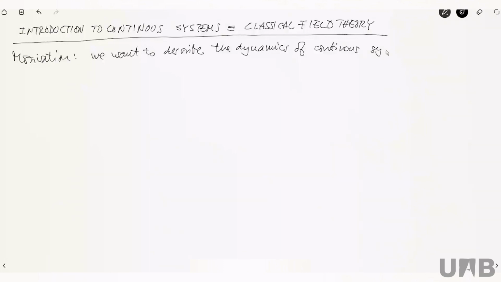And why? Because continuous systems are what we call fields among friends, right? So a continuous system is what we call normally a field.